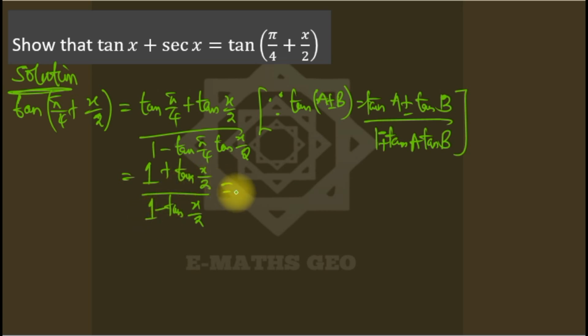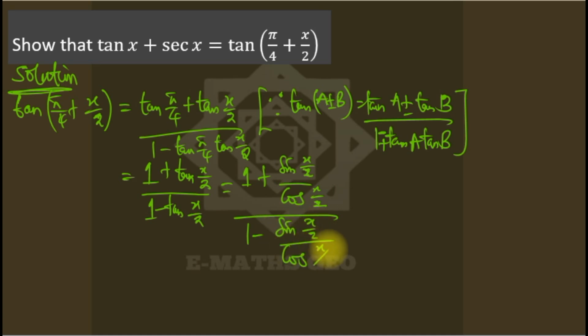And we know that tan is sine over cos. So this is 1 plus sine x over 2 over cos x over 2, over 1 minus sine x over 2 over cos x over 2. So always know that tan is sine over cos.